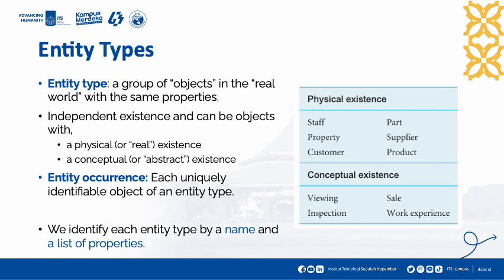An entity occurrence is each uniquely identifiable object of an entity type. So we identify each entity type by a name and a list of properties.